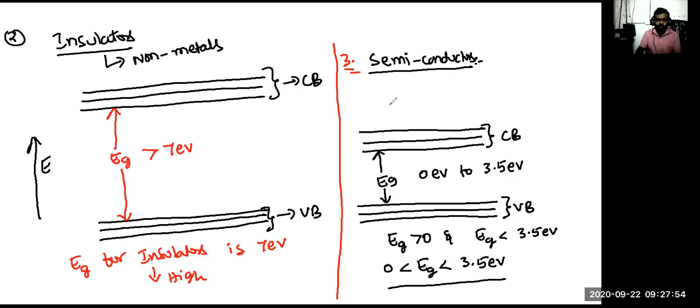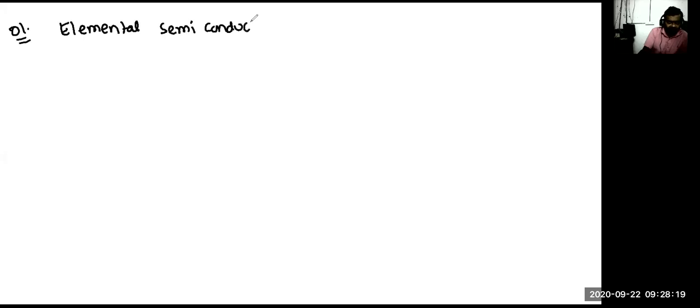Now, these semiconductors have different types. Initially, number one, elemental semiconductors.